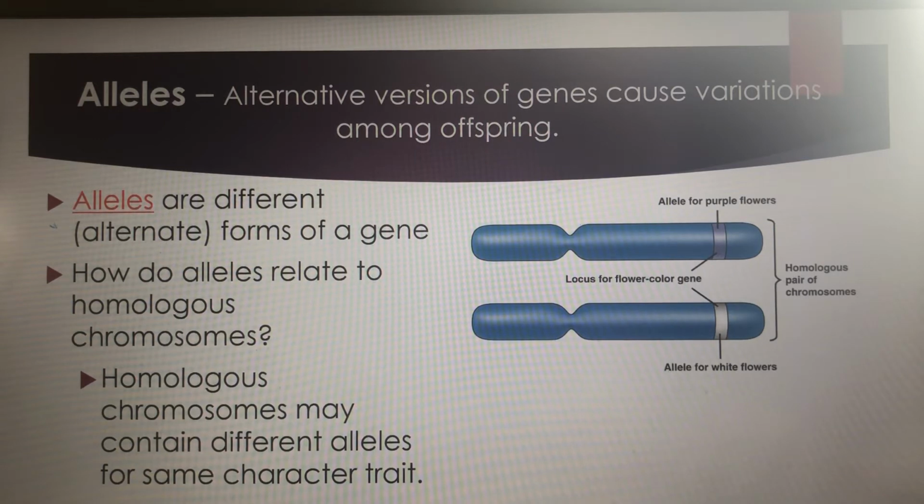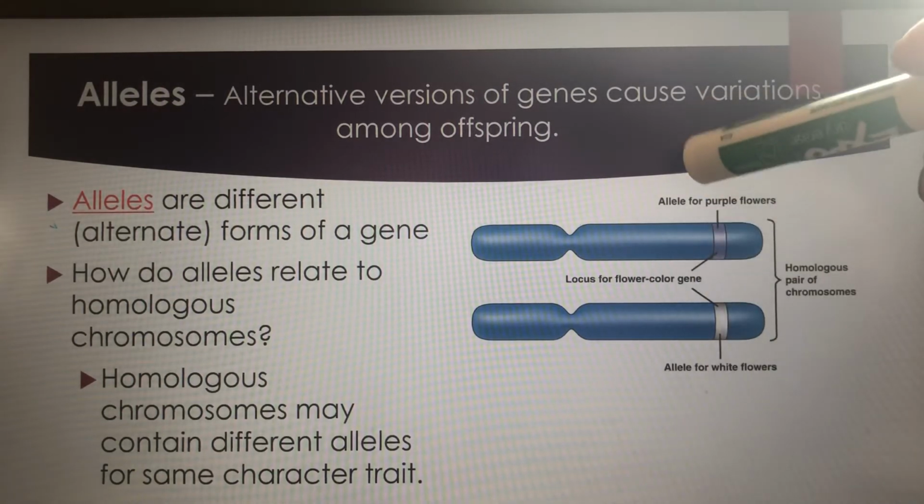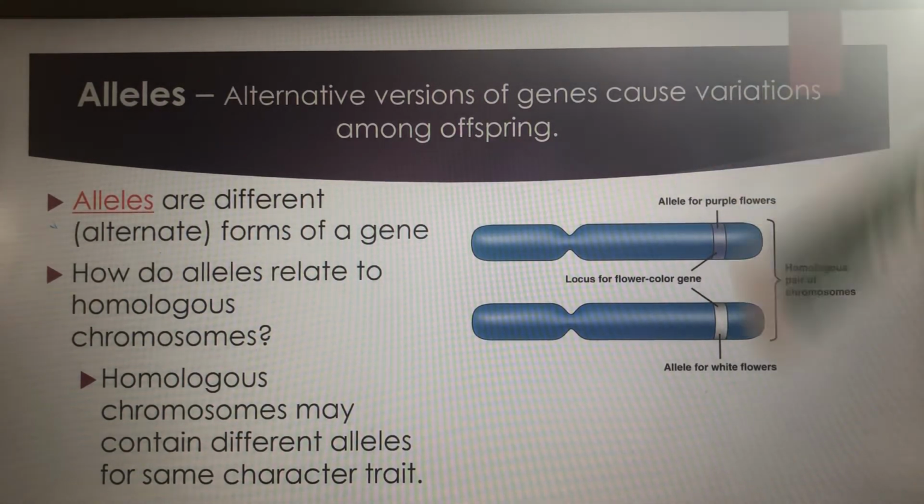So alleles are different forms, this again is review, different forms of an alternative gene. How do alleles relate to homologous chromosomes? Well, if you have homologous chromosomes, they will have the same genes, but they might have different alleles.